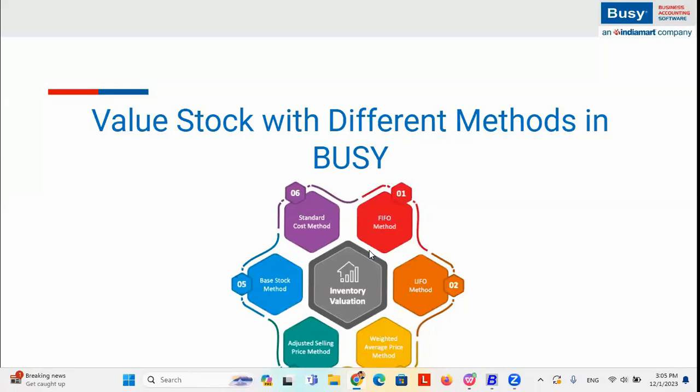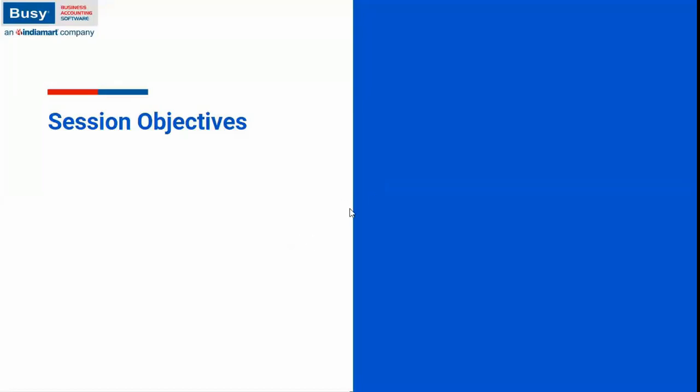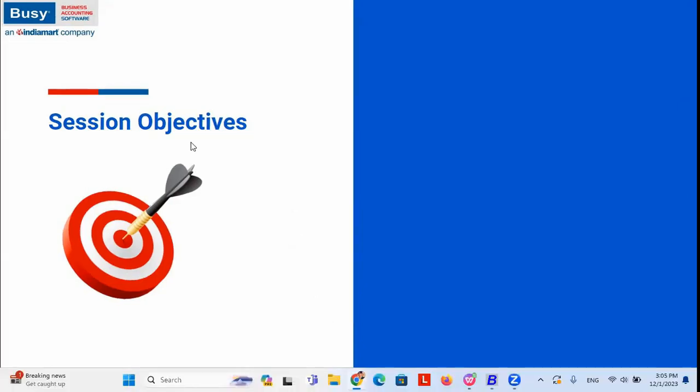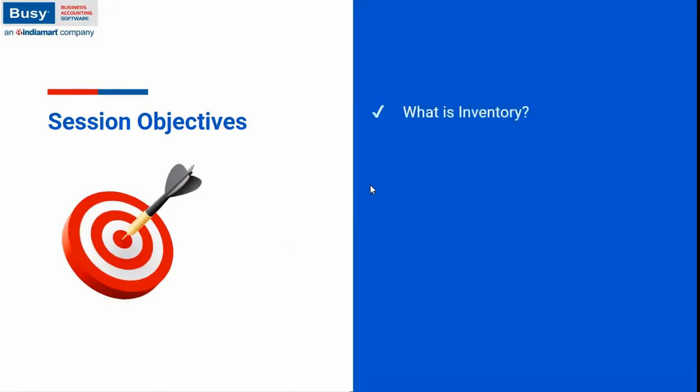So we'll start with the PowerPoint presentation, that is the theoretical part. On my screen, you can see the first slide that is coming, that is the session objectives. So let's have a quick look at the session objectives. Today's objective is to understand what is inventory.